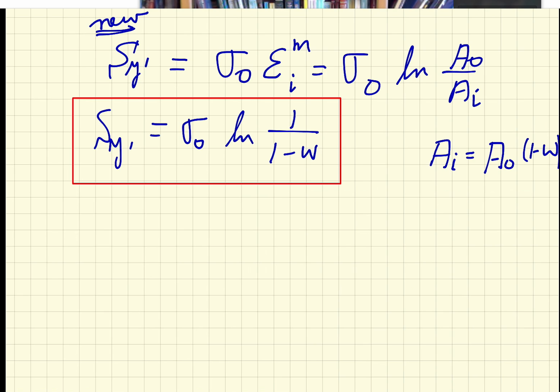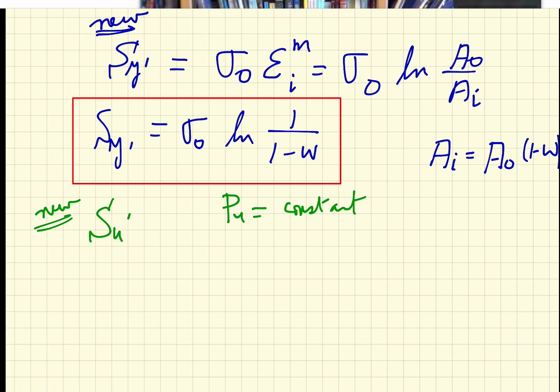Now, the other strength measure that I usually like to find is S ultimate prime. So this is also a new ultimate strength of the material. From the fact that the ultimate load is constant, is the same, we will apply the load to be equal to the strength times the cross-sectional area before and after.